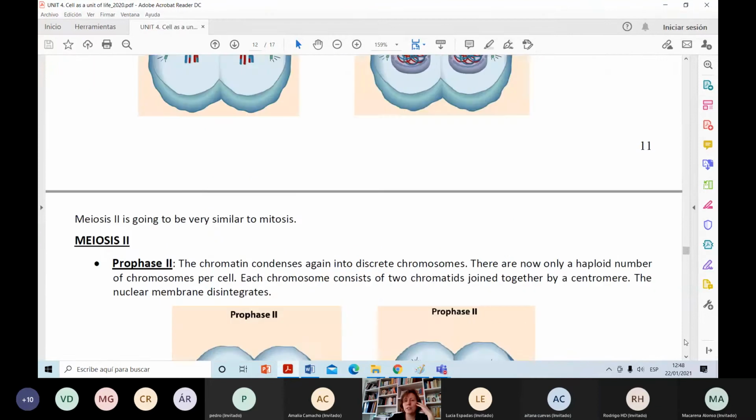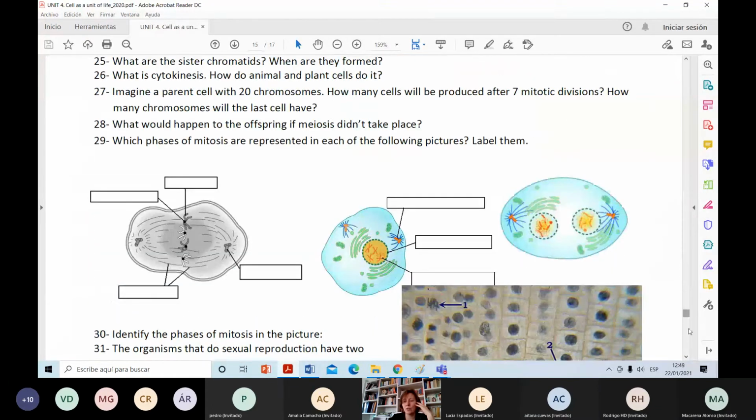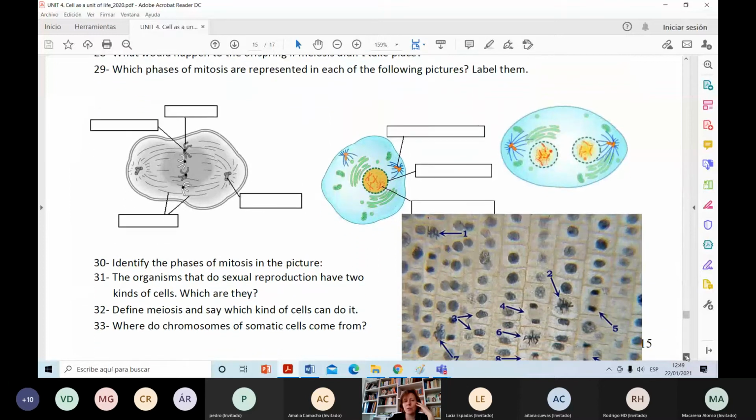We're going to do the same thing, but with activities, using your photocopy on activities, and we are going to do it with these diagrams. If you've got your photocopies with you, we're going to go to activity number 29. In activity number 29, you've got these pictures here.